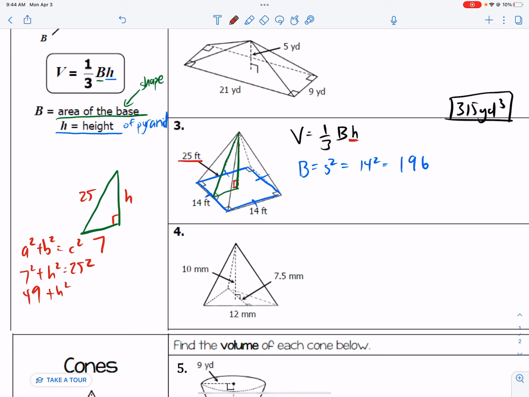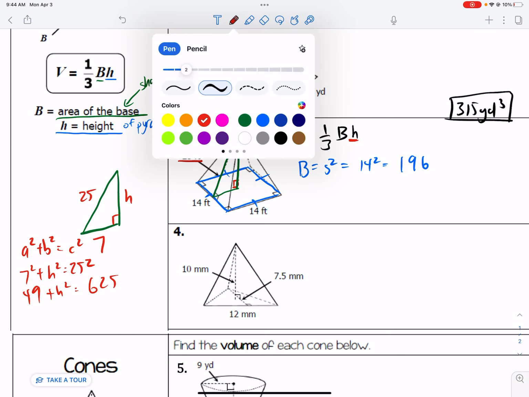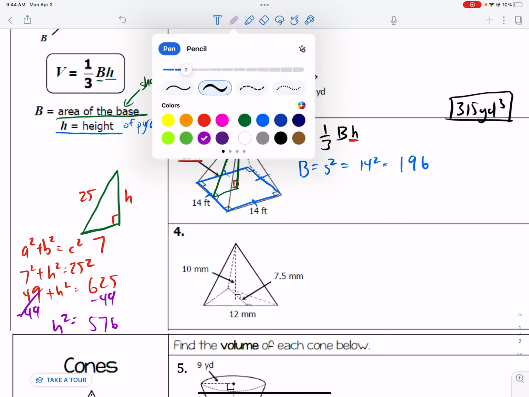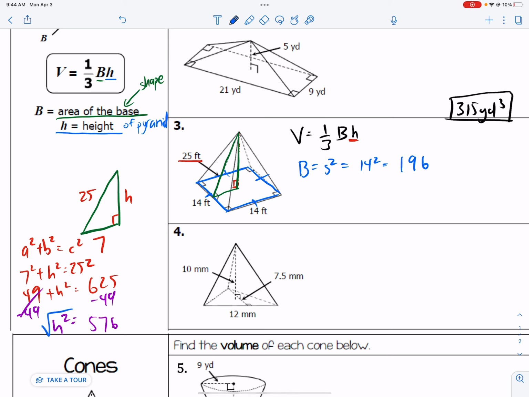49 plus h squared equals 625. Minus 49, minus 49. H squared is equal to 576. And then square root both sides, and h is equal to 24. Perfect answer. So this height right here is 24.